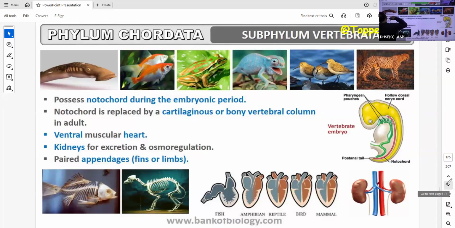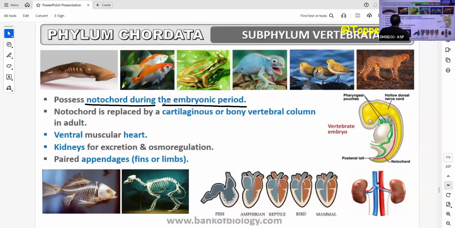Now, if you look at the subphylum Vertebrata, what do they possess or what are their general features? Let's see. They possess a notochord during the embryonic period. So during their embryonic development, they have notochord, they have the dorsal hollow nerve cord, plus they have pharyngeal gill slits. Hence, they are chordates. Okay.